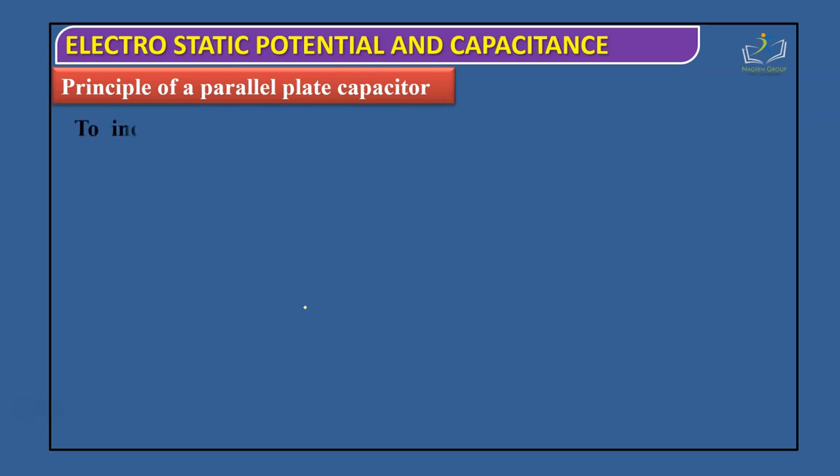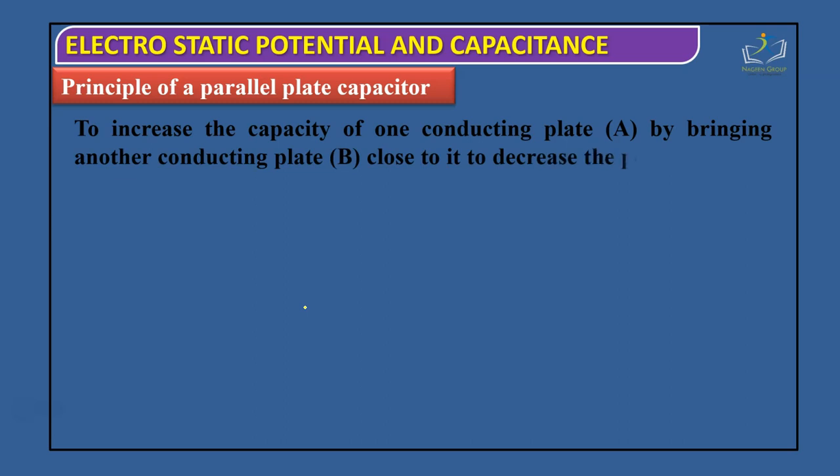Principle of a parallel plate capacitor: to increase the capacity of one conducting plate A by bringing another conducting plate B close to it, to decrease the potential at the same charge. To increase the capacity, what is the meaning of that? A parallel plate capacitor is basically a capacitor by which we can increase the capacity.